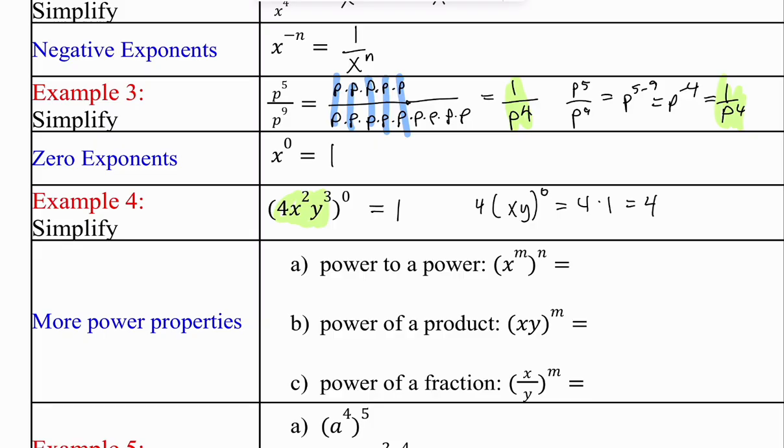So be careful that the parentheses includes everything, because only the things that are inside the parentheses on a 0 power become 1. So here, the 4 is included and becomes a 1. Here, the 4 is not included and does not. So just watch that difference, okay?